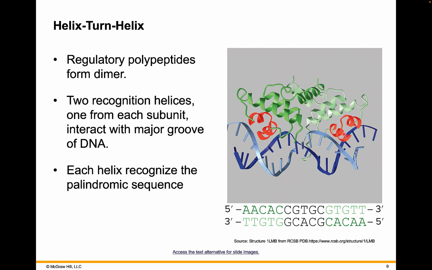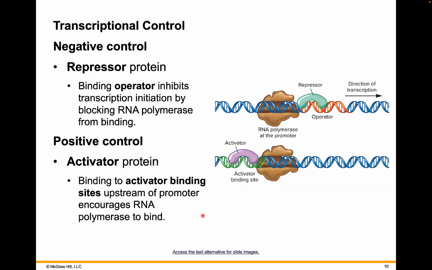And on the backward strand, you have a TTGTG that will be recognized by the other helix. So that is how the two recognition helices in general recognize the DNA binding domains. And this is a typical structure of a transcription factor.